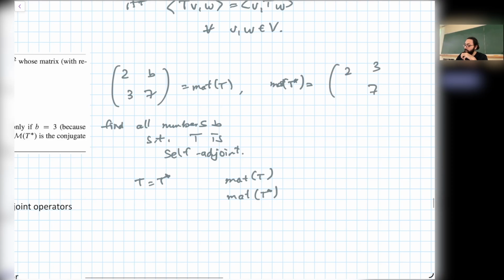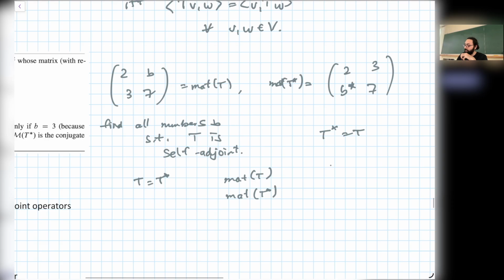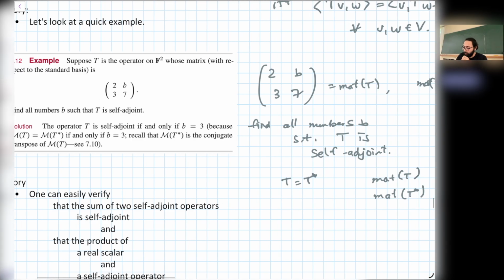If we require T star equals T, the matrices would have to match, and then you would have b star equals 3. Is the example making sense? Yes, this is really straightforward. We're not really doing anything very complicated.